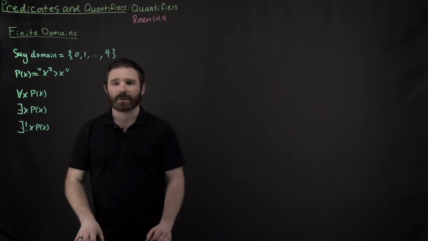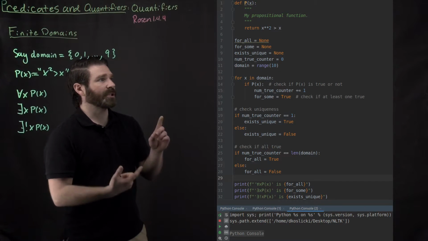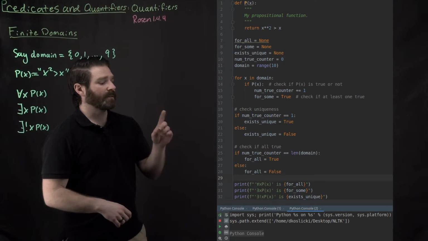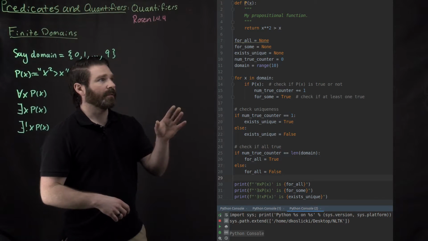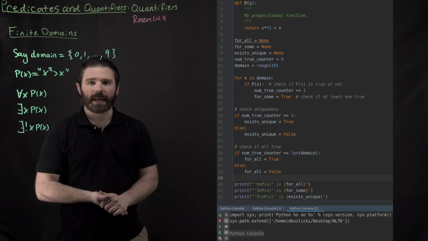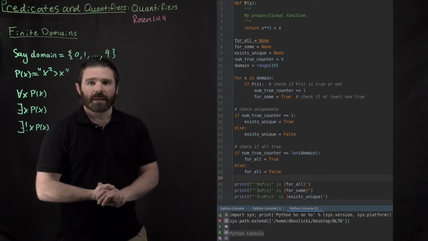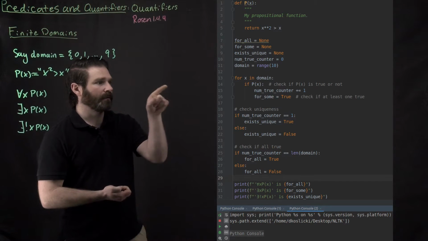So all I would have to do is simply write up my propositional function here, and you can see that the way that I've written it is such that it's going to return a value of true or false given a particular input x. And then after that, I define a couple of variables. And then all I have to do is loop over all the possible values of my domain.